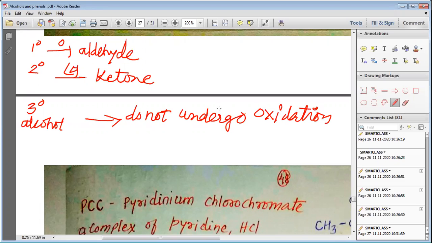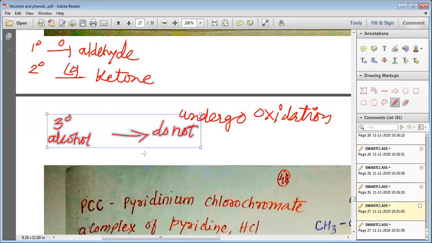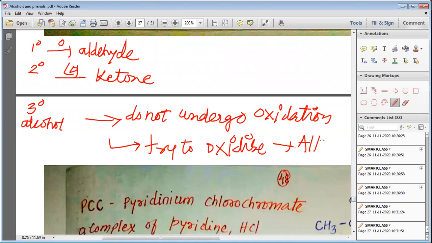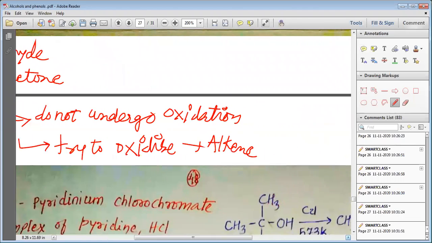And as they do not undergo oxidation, if forcefully we try to oxidize, they give alkene. So this is what, my dear students, we are going to study in our next text.